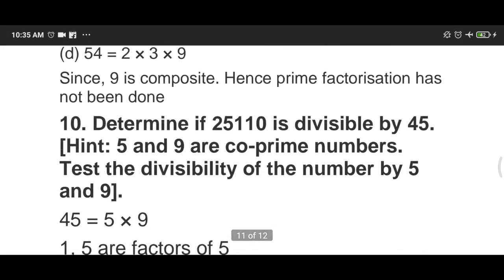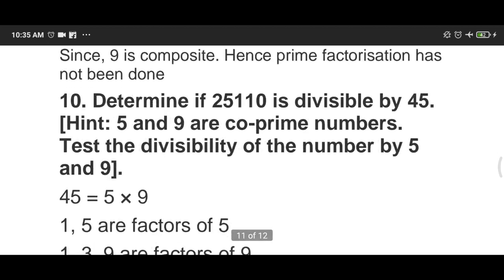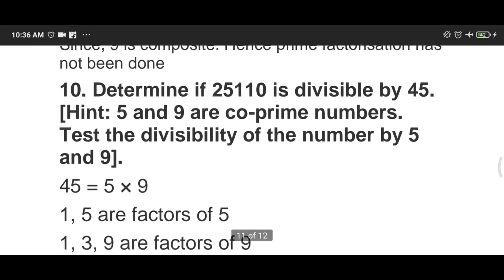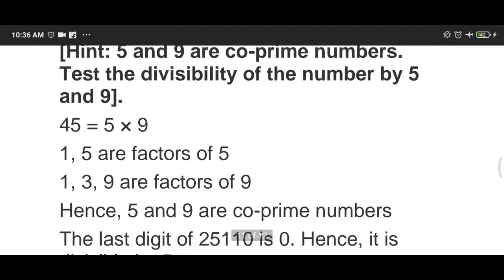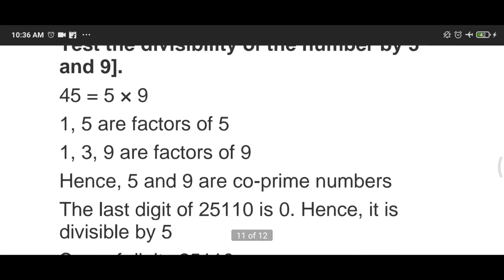Now question number 10. Determine if 25,110 is divisible by 45. Then we have to check the divisibility of 45. The divisibility rule of 45 is, if a number is divisible by 5 and 9 both, then it is divisible by 45.